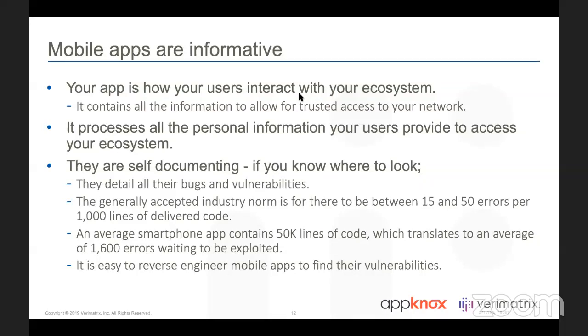The mobile application is also the interface to your services, to your product, that your user uses, and through that interface they provide personal information, and that is their trust point, that is their access point. And if they don't trust that interface, then they're not going to trust the rest of the service. The mobile application, as the interface point, is processing all your users' personal information.